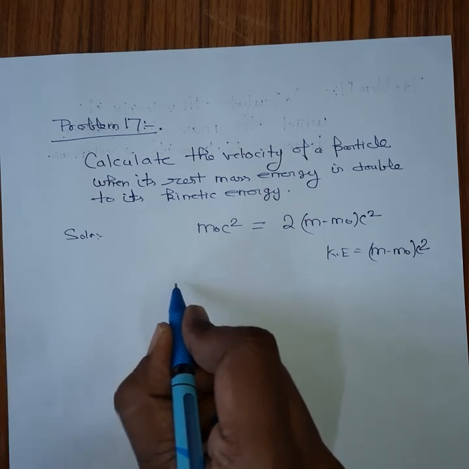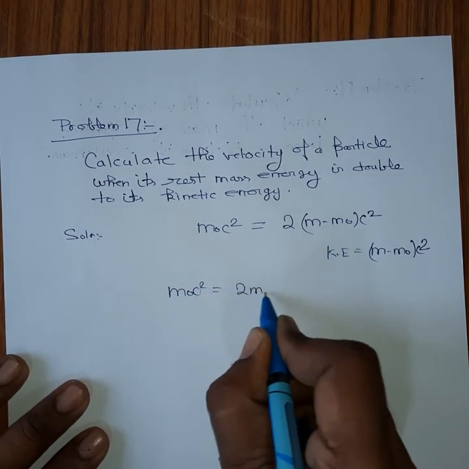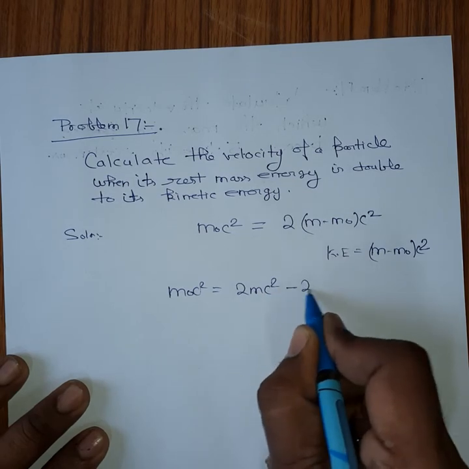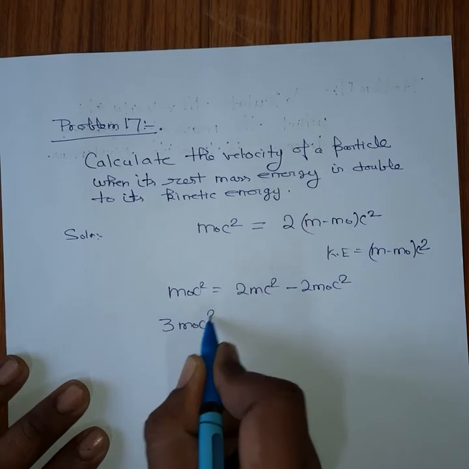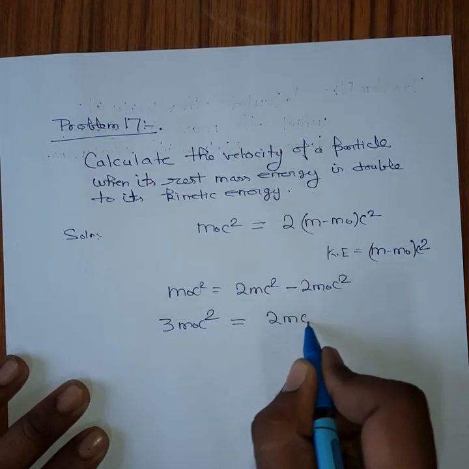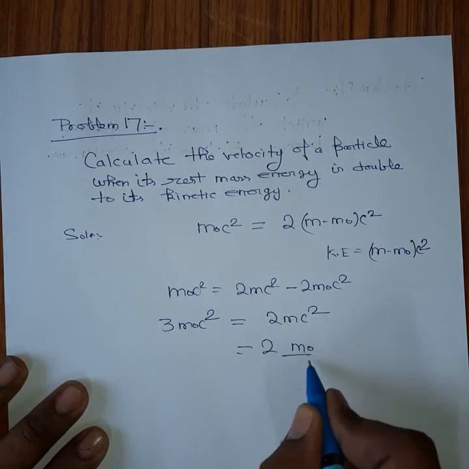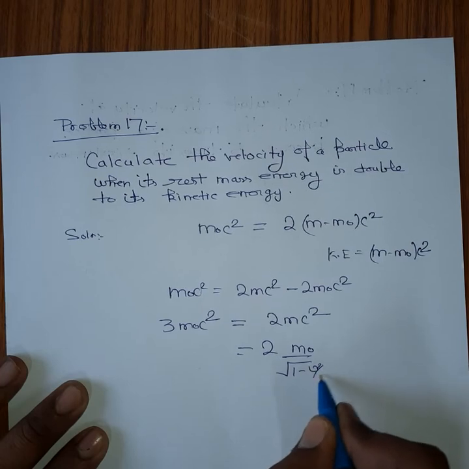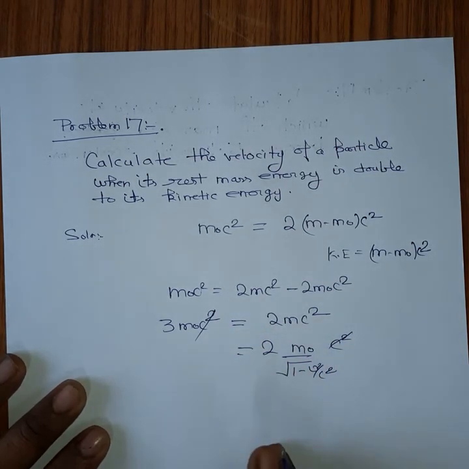You can simplify it as m0c² = 2mc² − 2m0c². So it will be 3m0c² = 2mc², and m is m0 divided by square root of 1 − v²/c². c² will cancel each other.